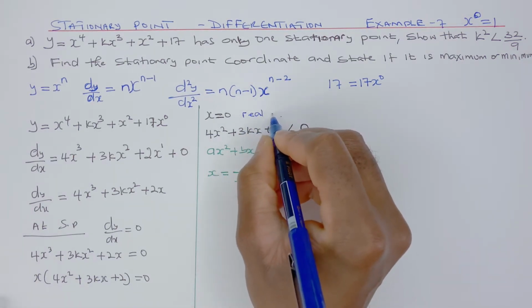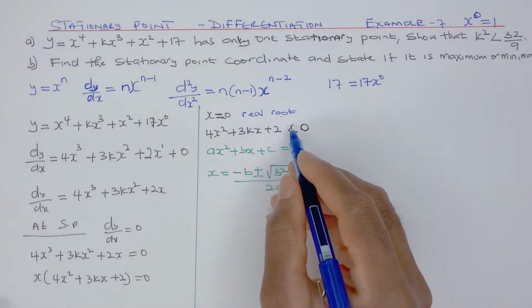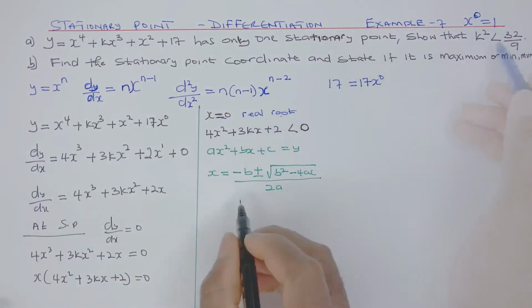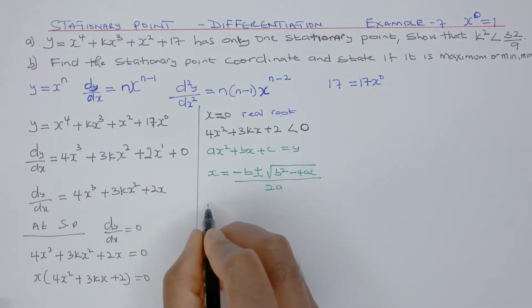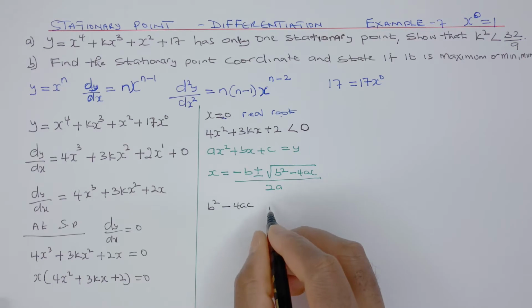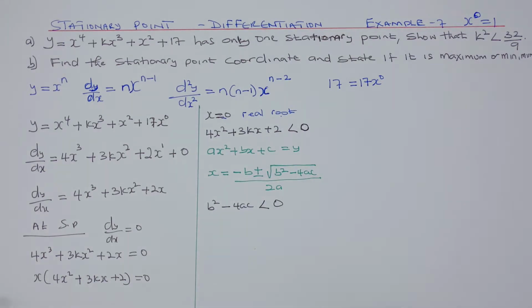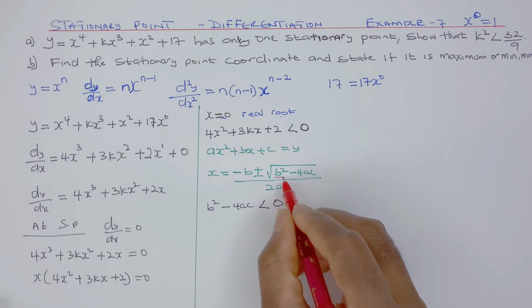But in this case, the quadratic doesn't have real roots. So the discriminant here, which is b squared minus 4ac, must be less than 0. The discriminant is the value here.